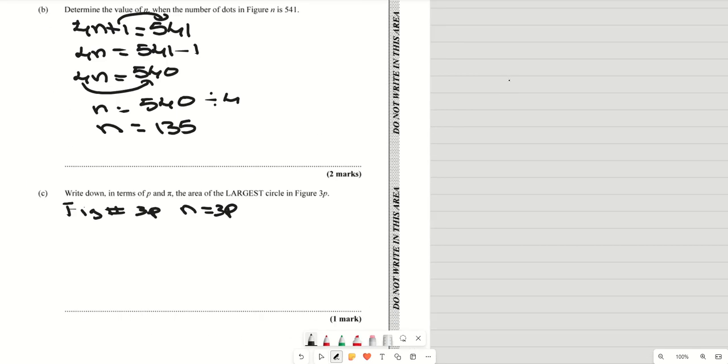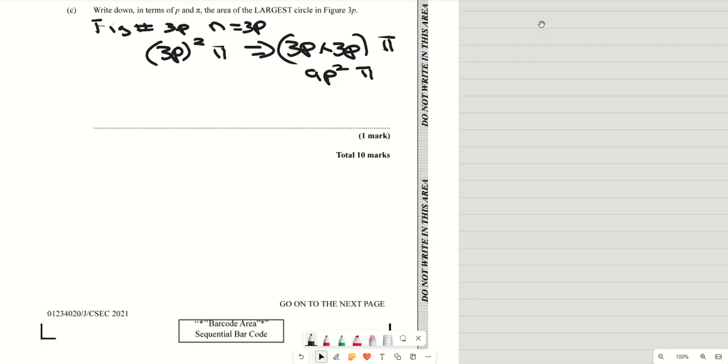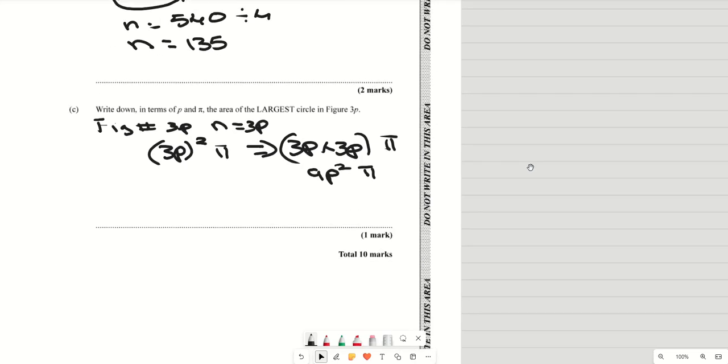So that is 3p all squared by pi. That is equal to 3p multiplied by 3p all multiplied by pi. 3 3s are 9, that is 9p squared by pi. And that would be your answer for part C. And this is how you would do January 2021.